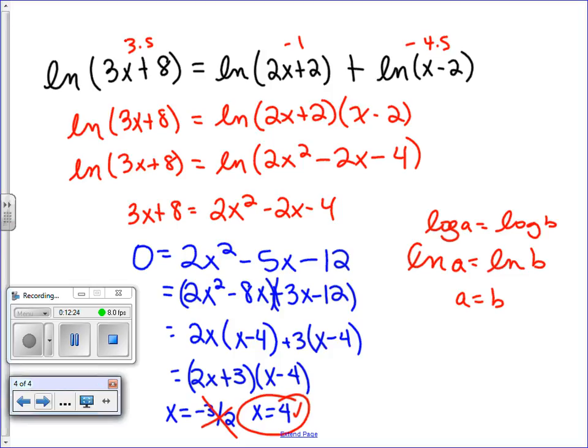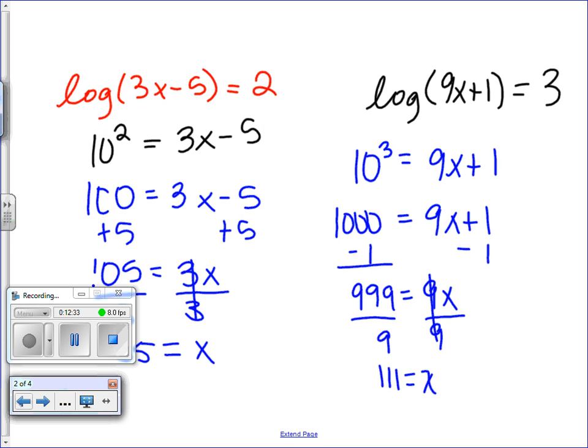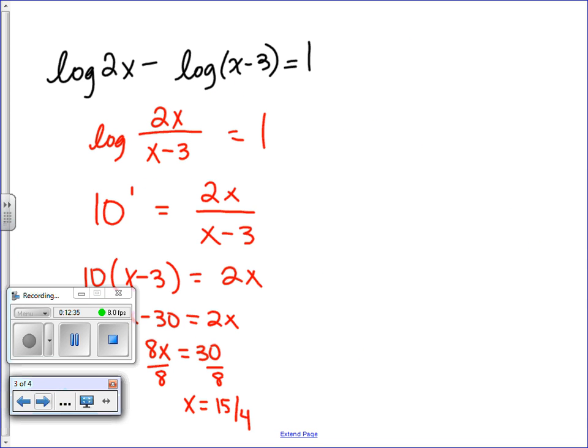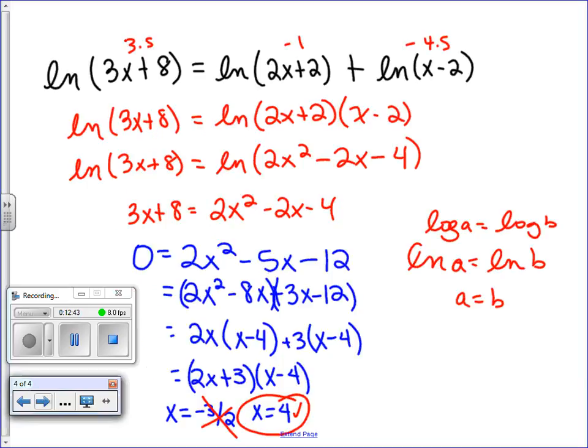Right, on both sides, it has a log or a natural log or whatever. Okay, so this one, I just changed it back. This one, really, I just changed it back, right? You have to do a couple steps first.